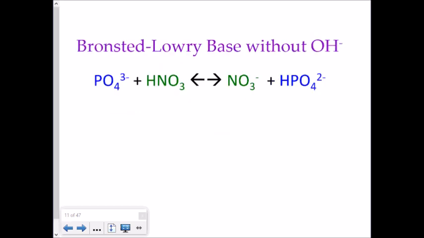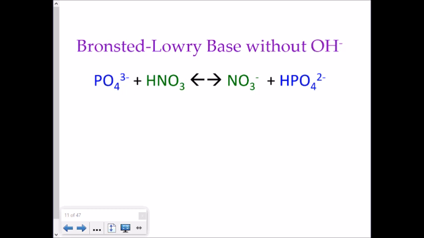So I did want to show you one, this one isn't really in the notes, where we're looking at Bronsted-Lowry without the hydroxide at all involved. As you see here, phosphate is reacting with nitric acid, and we're going to get some nitrate and some hydrogen phosphate out of it. But do you see hydroxide at all up here?